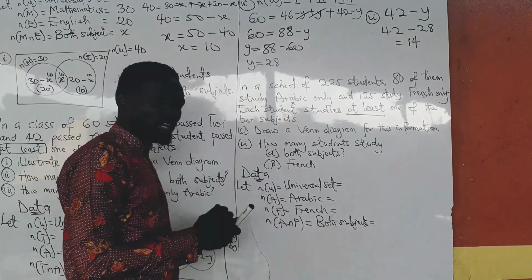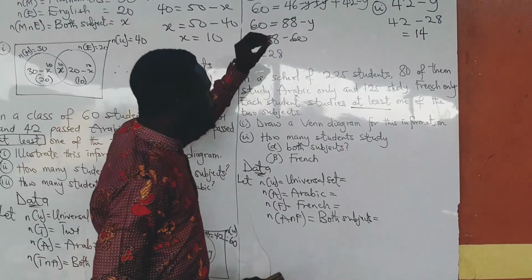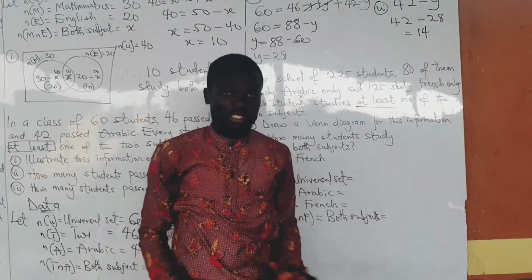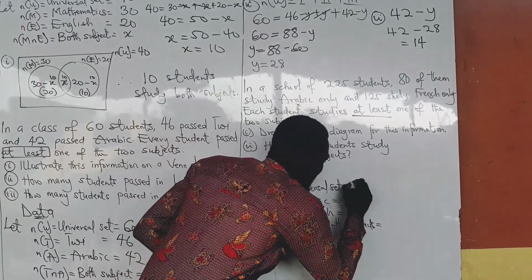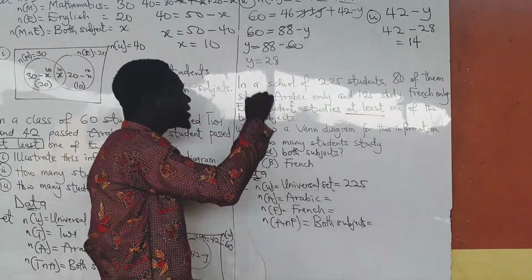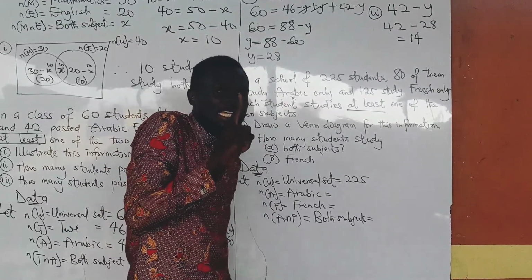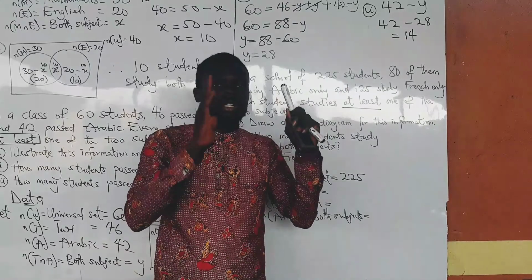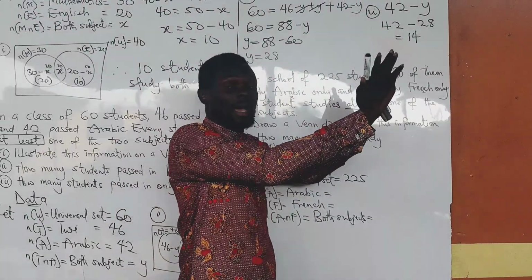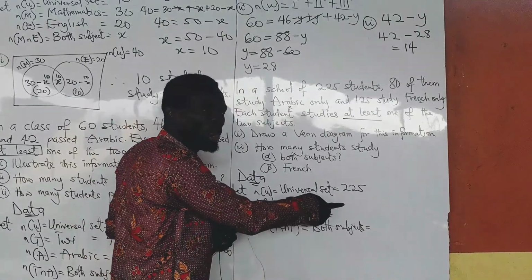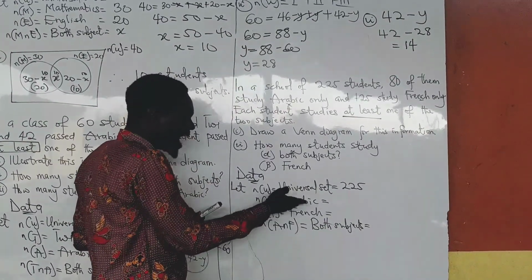Now let's get back to the question. In a school of 225 students, so in a school, which means the universal set there has been given as 225. 80 of them study Arabic only, not Arabic. With the only, it means they concentrated only on Arabic without French. So that 80 here do not belong to the Arabic here. This is Arabic.